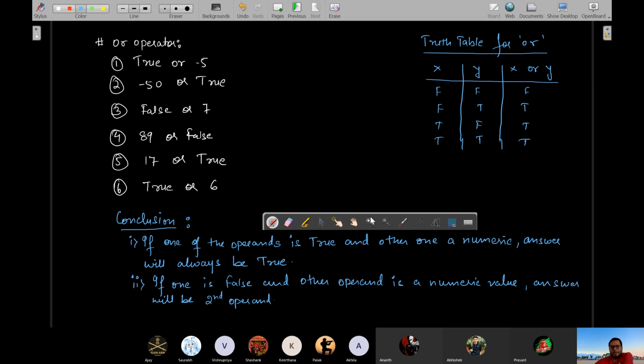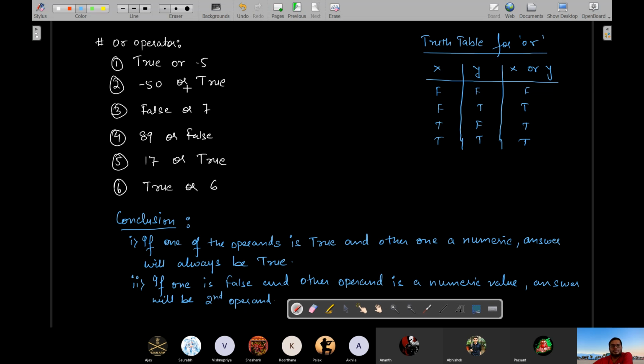Okay, चलो देखते हैं. What is the answer of the first one? First one क्या है? First one is true. Second one, true.